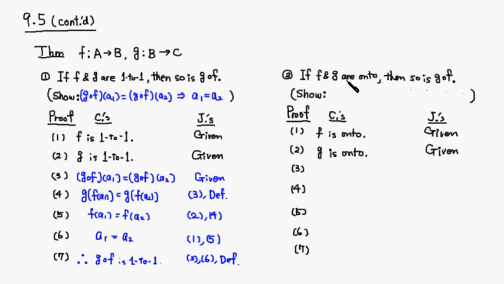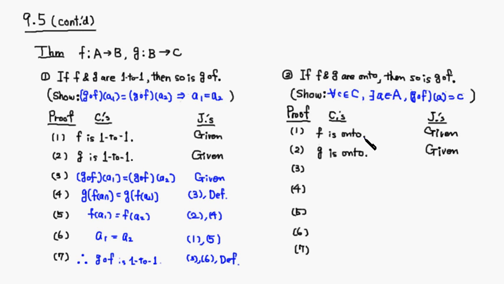What we need to show is that for all elements c in set C, because the codomain of this composition is C, there must exist an element a in set A, because that's the domain of this function, such that g of f of a is exactly equal to this c. So that's what we need to show.